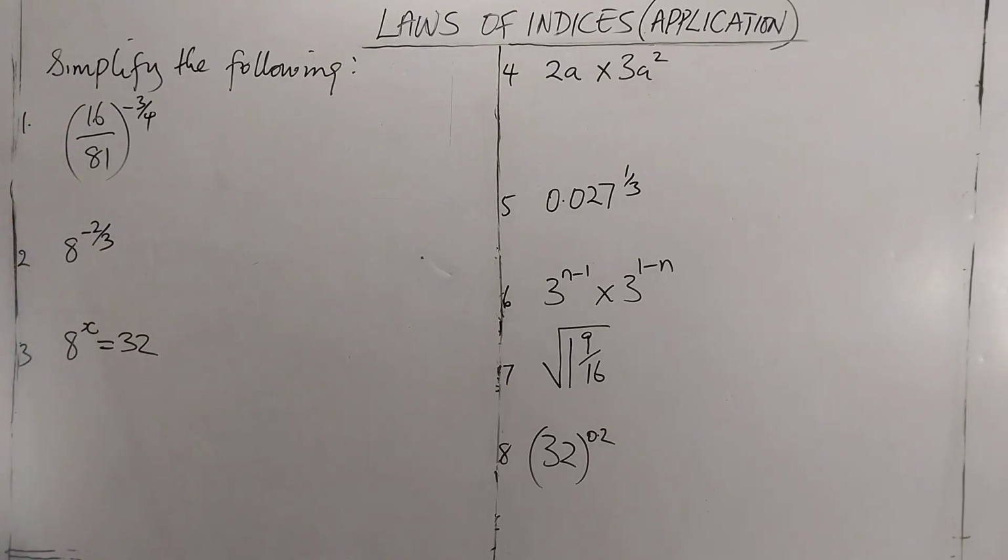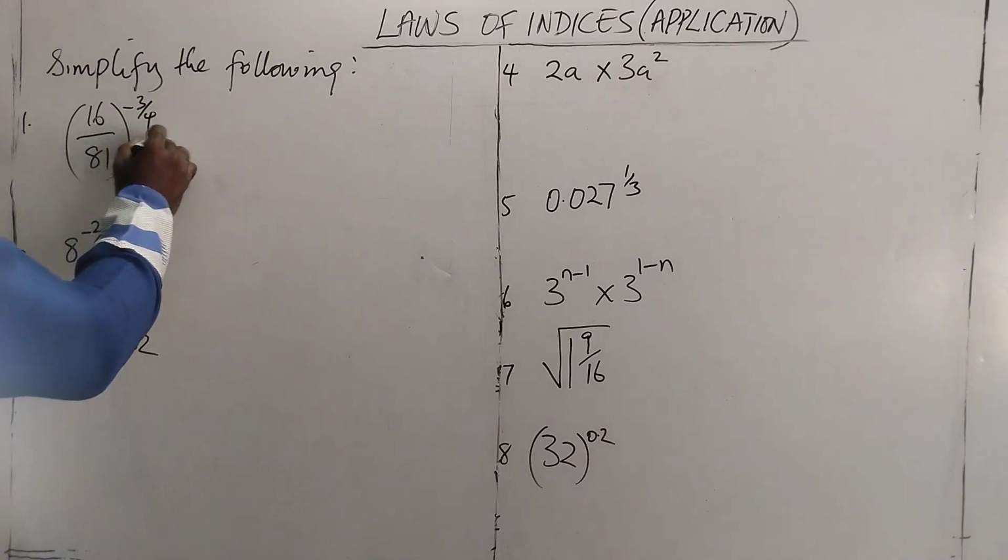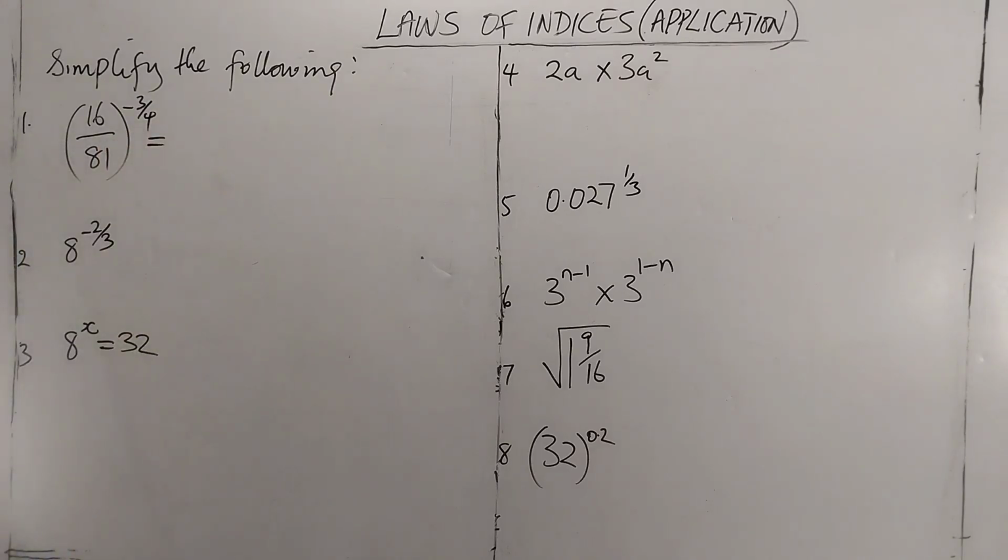Simplify the following. The first one, 16 over 81, all raised to power minus 3 over 4. To solve this question, if you look at it very well, you discover that we have a fractional index here and also a negative index.